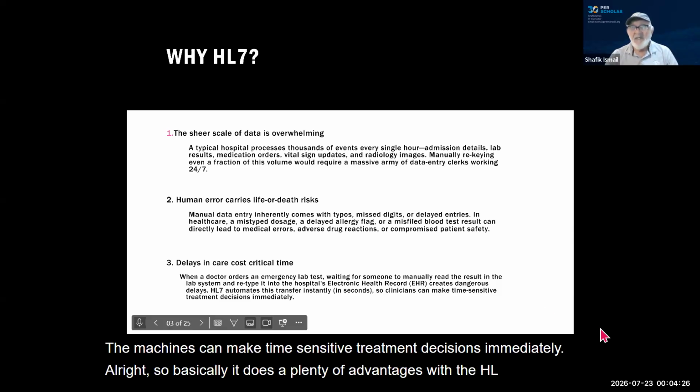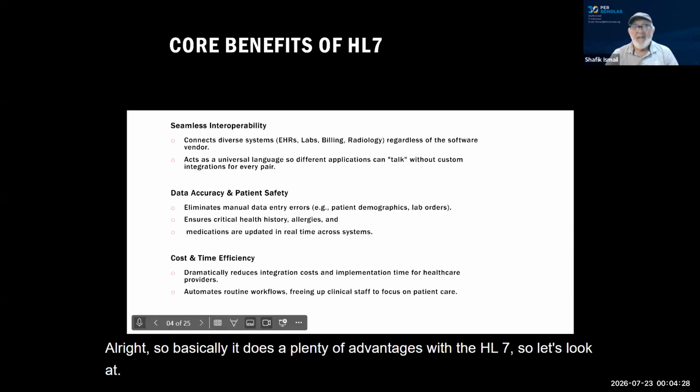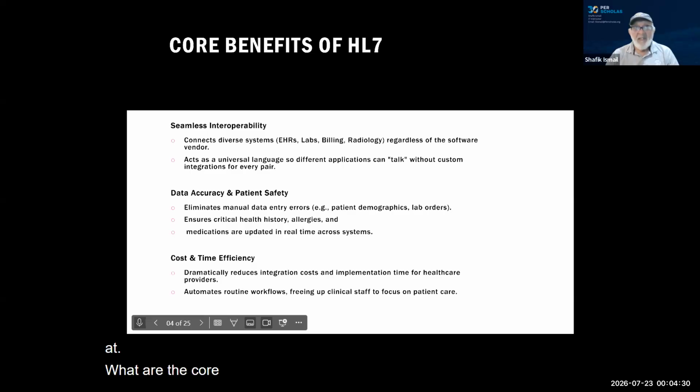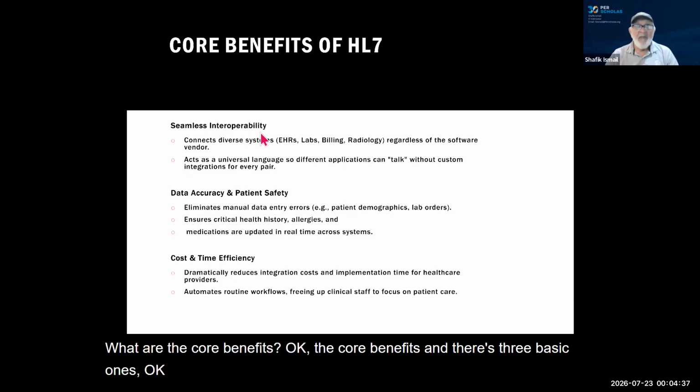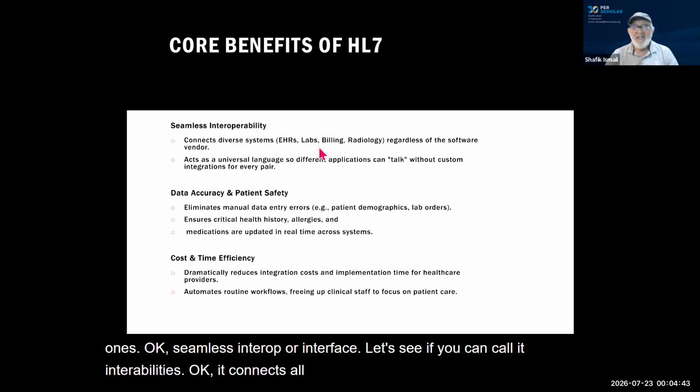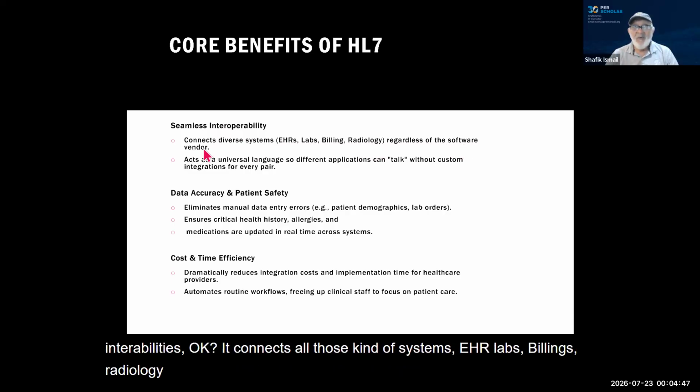So basically, HL7 has plenty of advantages. Let's look at the core benefits. There are three basic ones. First, seamless interface, or interoperability. It connects all those systems, EHR, labs, billing, radiology, regardless of the software vendor.